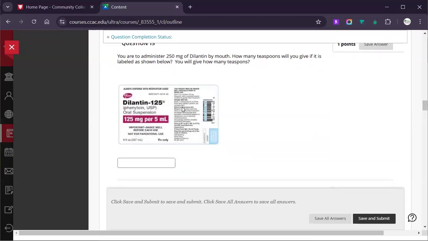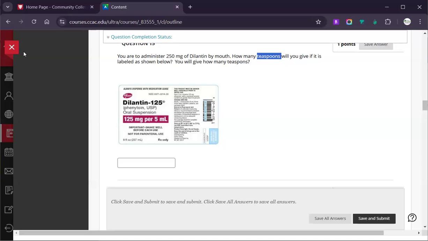All right. This question, you saw in the paper review, a similar question. The order is 250 milligrams. It asks you how many teaspoons to administer based off of the label here. And when you're working through this, there's two ways you can set it up.